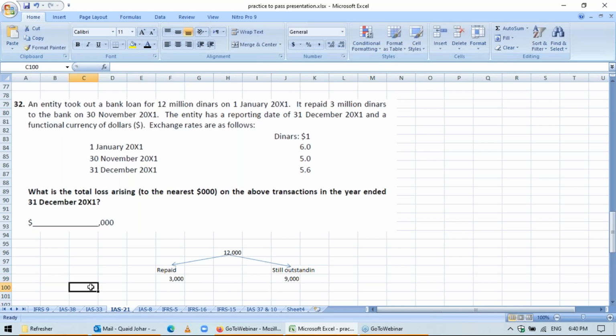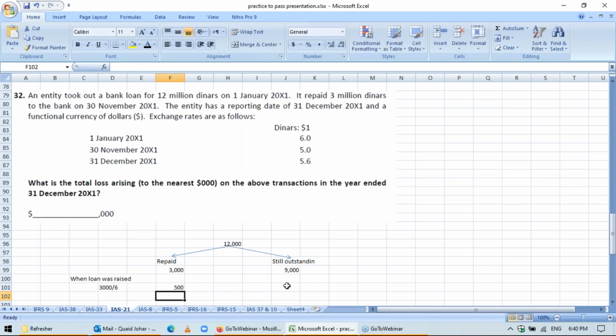Now, when the loan was taken out, at that time 3,000 should be divided on 1st January 2001 by 6. This gives you $500, and then this 9,000 needs to be divided by 6 at the spot rate. So this gives you 1,500. So this is the dollar amount now.